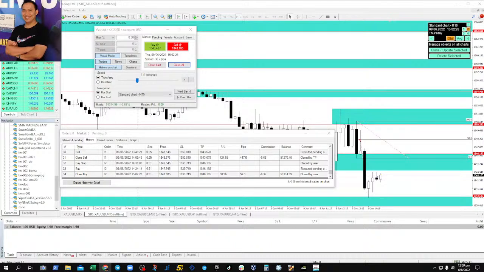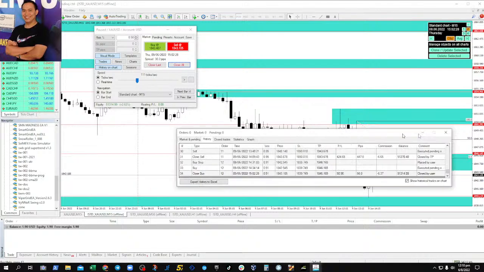R is like 0.25. It's a bad trade in the first place, so I decided not to take the risk.